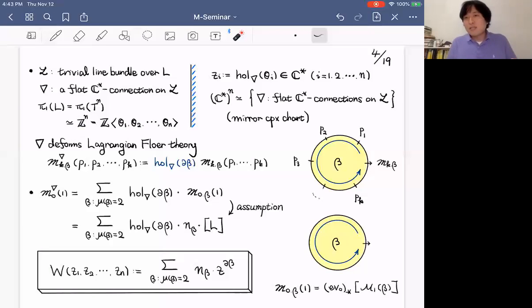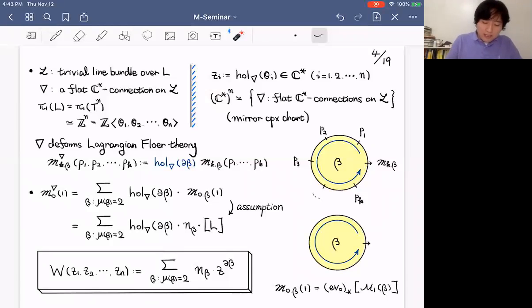For each basis element, I can associate a coordinate for the flat connection. Let's think about the holonomy along theta i, and call it zeta i. Then the moduli of flat connections, which would serve as a mirror complex chart this time, has coordinates zeta i.